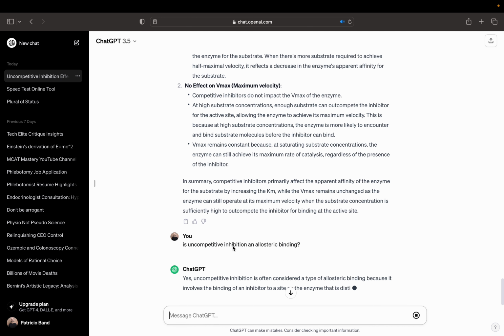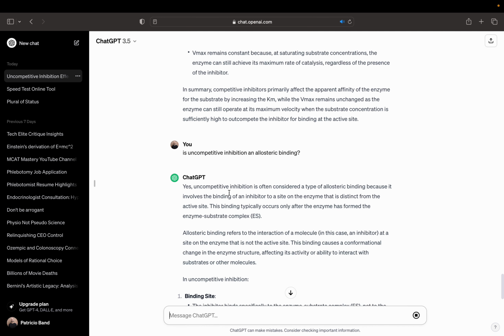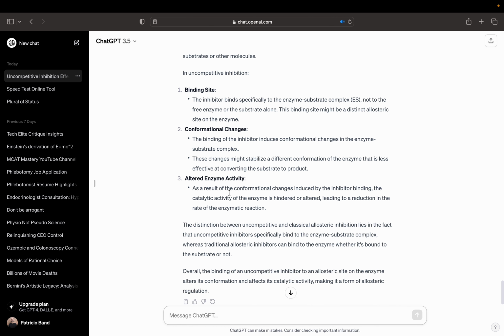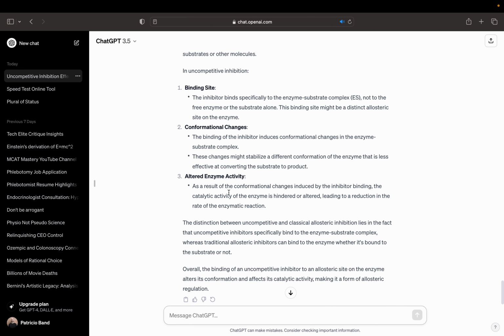Yes, uncompetitive inhibition is often considered a type of allosteric binding because it involves the binding of an inhibitor to a site on the enzyme that is distinct from the active site. This binding typically occurs only after the enzyme has formed the enzyme substrate complex. So, yes.